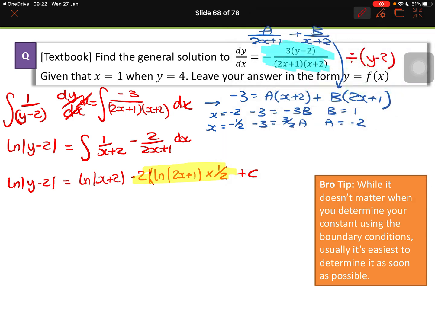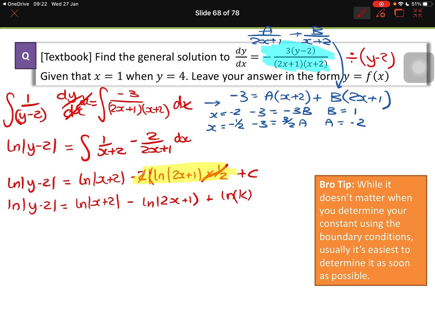Simplify that all together. So I'll have log natural y minus 2 equals log natural x plus 2. The half and the 2 will cancel out. So I end up with minus log natural of 2x plus 1. Because I'm in terms of log natural, I'm going to change my c to log natural k. Okay.